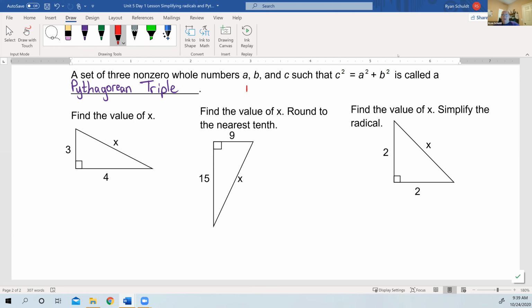So I'm going to make note of that: all whole numbers. And they have to satisfy this equation here.